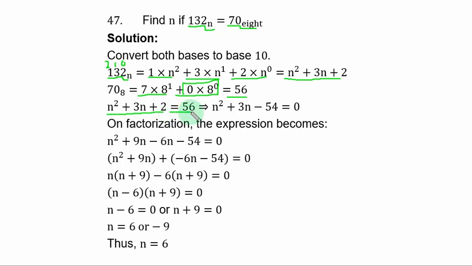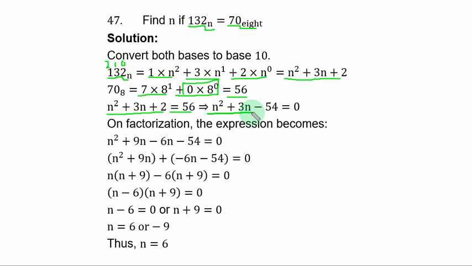Clearly, you have a quadratic, and for us to factorize, the right hand side needs to be 0. So you have to transfer 56 to the left hand side. So you have n squared plus 3n plus 2 minus 56.